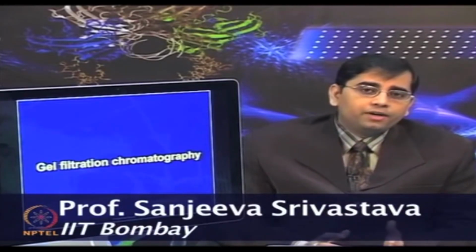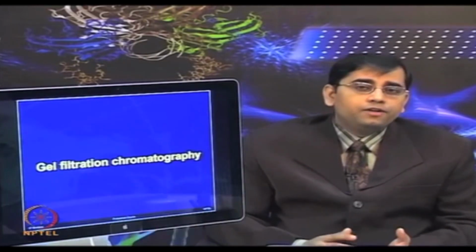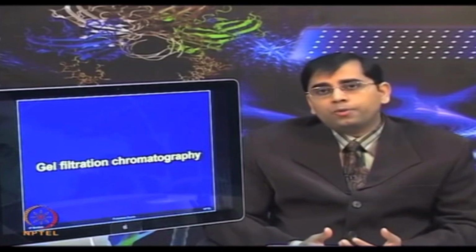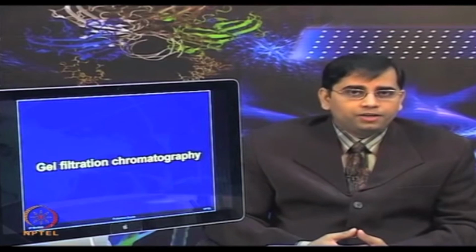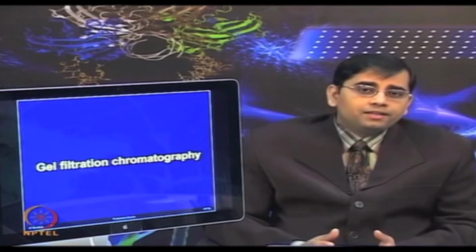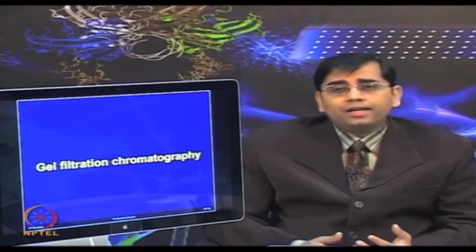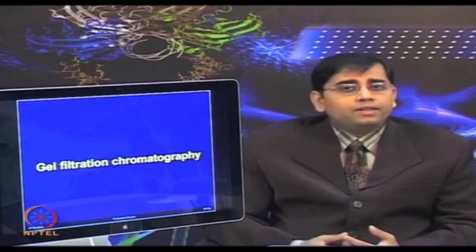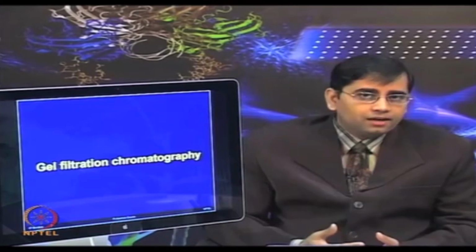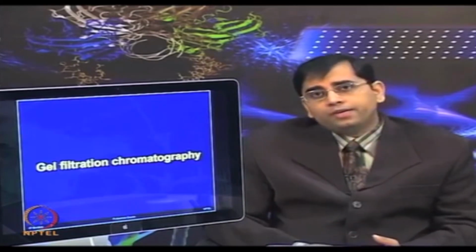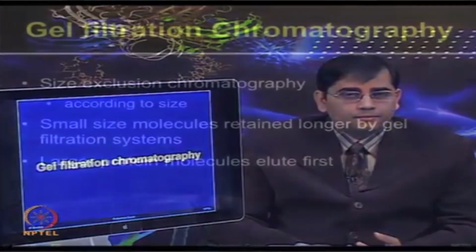If proteins are having similar sizes, then gel filtration or size exclusion chromatography is not an appropriate choice for protein purification. This method is also used for various proteomic applications when there is need to remove contaminants such as salts and low molecular size detergents.